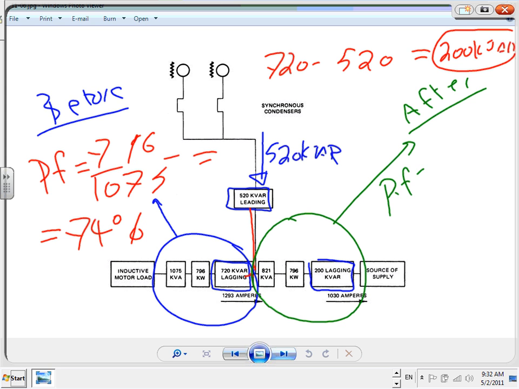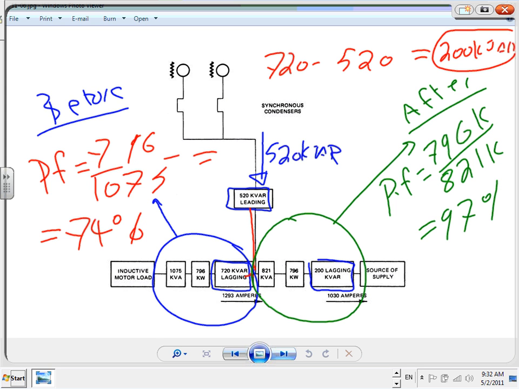Power factor equals 796, which stays the same, no change in it, divided by 821, equals 97. 97% power factor. Beautiful. Can you guys see the before and then after?